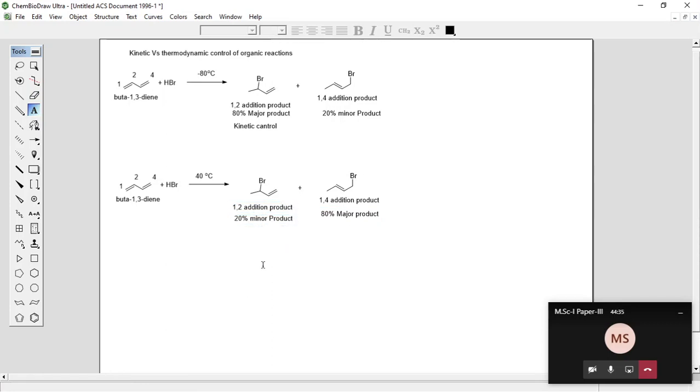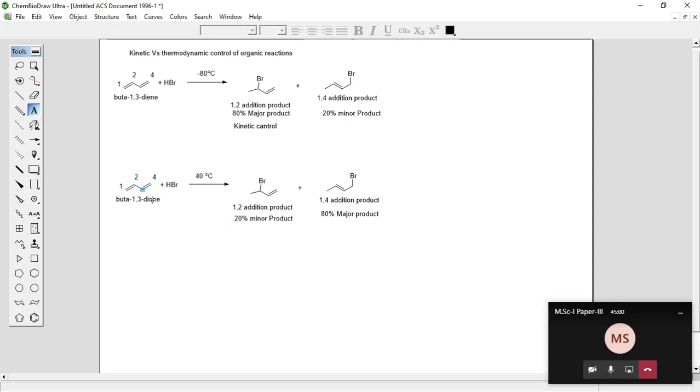At higher temperature you are getting the 1,4 addition product as a major product, because it is the thermodynamically stable product. That's why you are getting it in a major percentage, while the 1,2 addition at higher temperature is unstable, that's why you are getting only 20%.